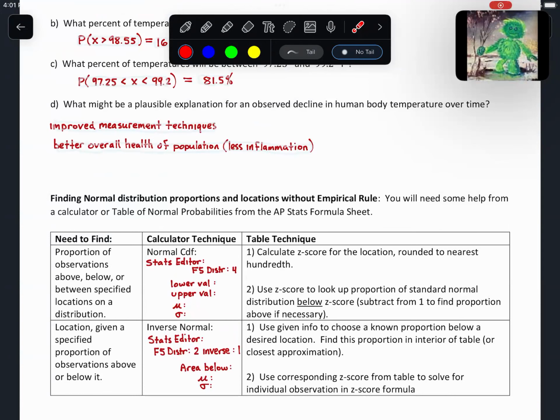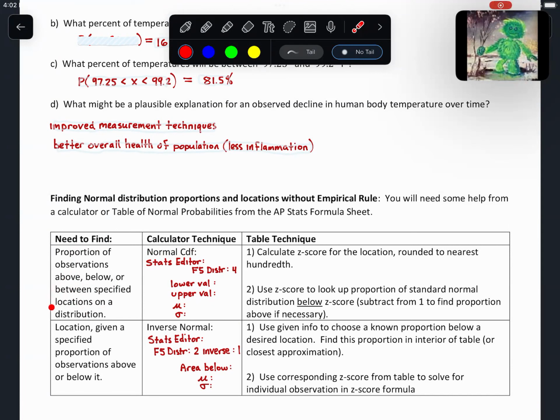These are questions where you're tasked with finding the proportion or percent of observations above or below or between specified locations on your distribution. And if we're going to use a calculator for that type of question, there's something called normal CDF that I'll show you in a moment here.